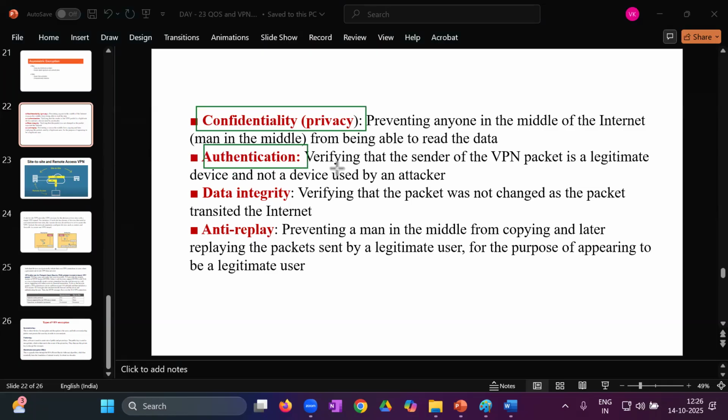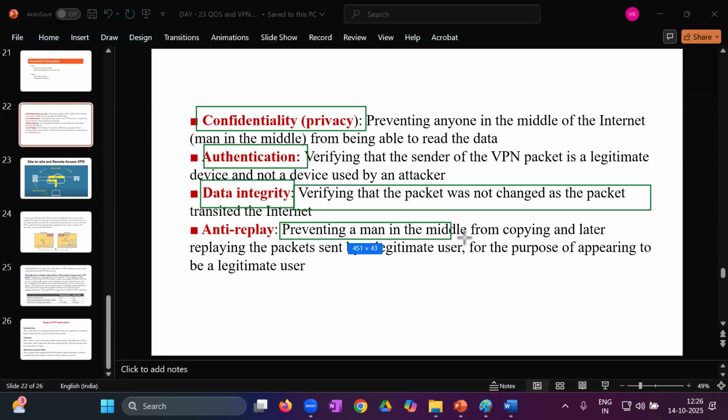Authentication: verifying that the sender of the VPN packet is legitimate and not a device used by an attacker. Data integrity: verifying that data was not changed as the packet was transmitted. Anti-replay: preventing a man in the middle from copying and later replaying a packet sent by legitimate users. All these features we will be getting in the case of VPN.